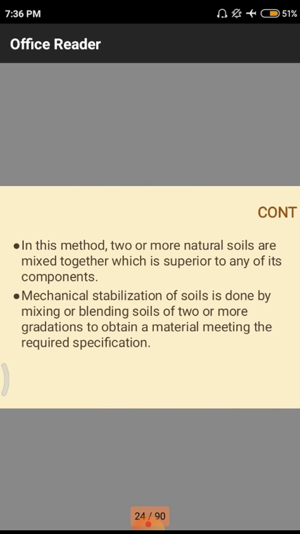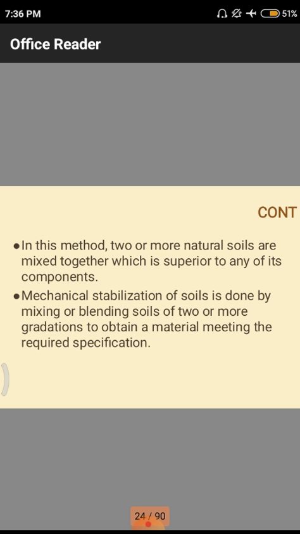In this method, two or more natural soils are mixed together, giving a mixture which is superior to any of its components. That means two or more natural soils. Likewise, what do natural soils mean? In nature we have different quantities of soils with different chemical contents, particle sizes, and properties, so some of the soils have loose properties.